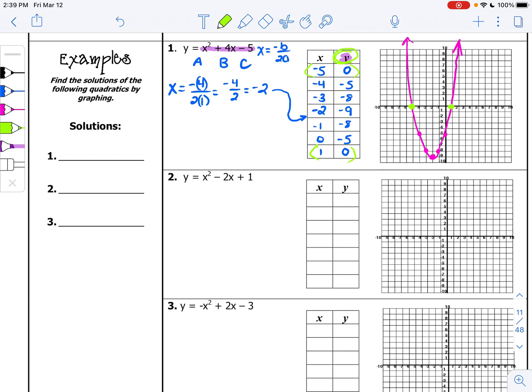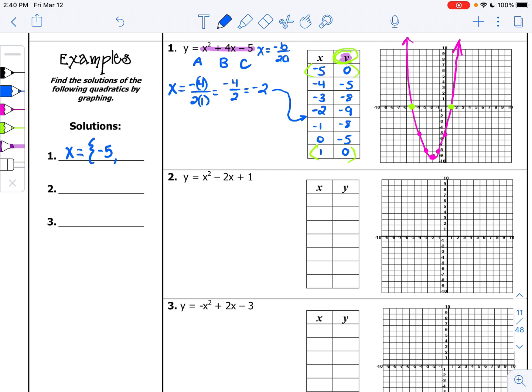Now, the way we write our solutions, so we can see that we have the two solutions and we know those ordered pairs. But the way that we want to write that is over here on the left, we're going to write x equals, and then we're going to use brackets. And then my first point on the left side, that is the point -5, 0. But we're only going to use the -5.